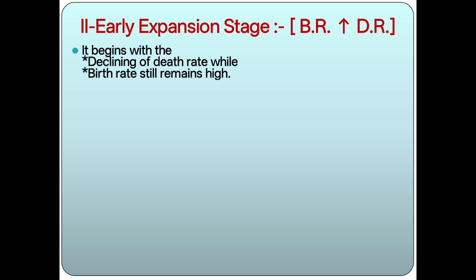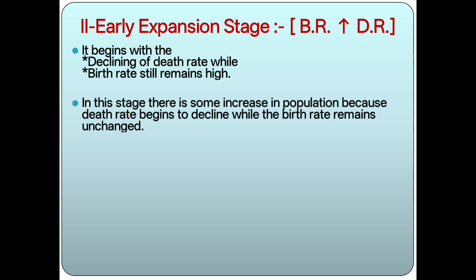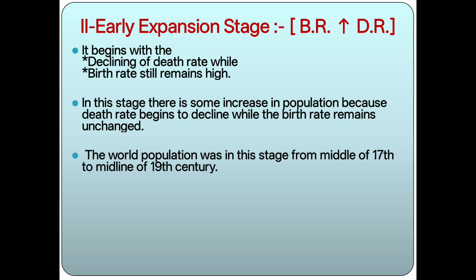Next one, early expansion stage, second stage. Look at that, BR high. It begins with the declining of death rate while BR still remains high. So BR is high, DR started declining. In this stage, there is some increase in the population because death rate begins to decline while birth rate remains unchanged.